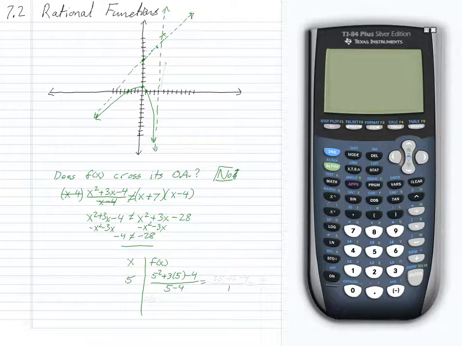So my denominator is just 1, my numerator is 25 plus 15 minus 4, which is 36, over 1, so we are at a height of 36. Alright, so my function is above my slant asymptote over in this area, and I know it's never able to cross it, so we are stuck above.